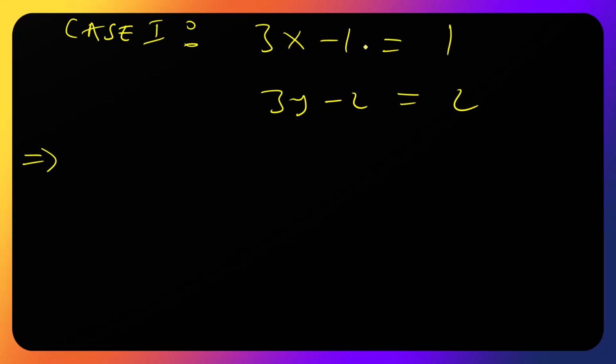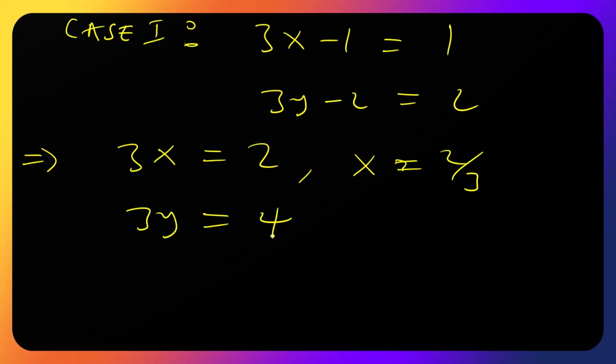So we have 3x equals 2, so x will be 2 on 3. And we have 3y equals to 4, and I have y as 4 on 3.